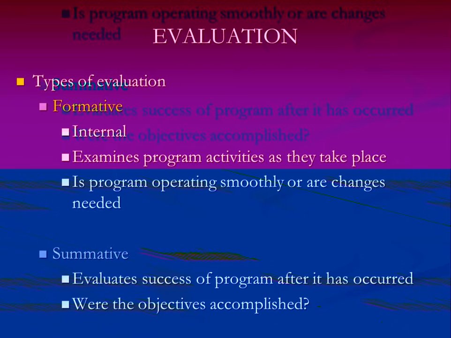Summative evaluation, on the other hand, evaluates the success of the program after it's occurred. So were the objectives accomplished? In the academic world, we have the student end of the semester evaluation. So you evaluate the class at the end of the semester, and we can see if those objectives that we established beforehand were accomplished.